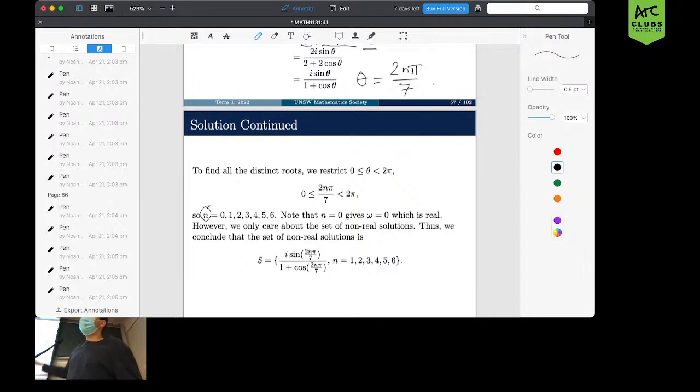Right? Which means we'll only get a real solution when sine theta is equal to 0. And clearly, for theta equals 2n pi on 7, that's only going to be when theta is equal to 0. Right? Cool. So that's why we only disregard the n equals 0 case and we keep the others. Yeah, that's a good question.